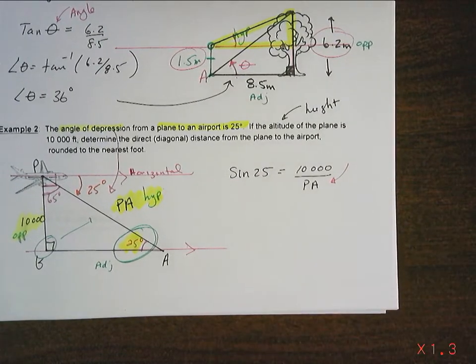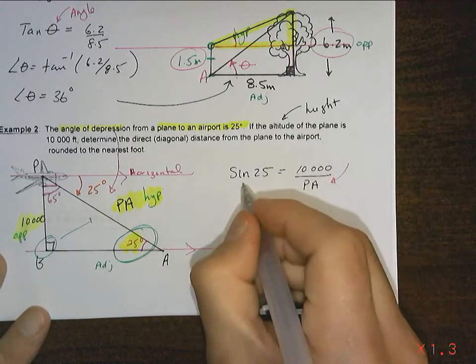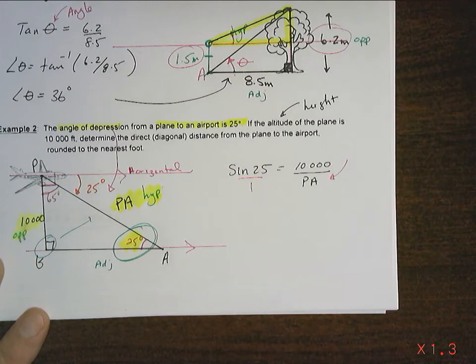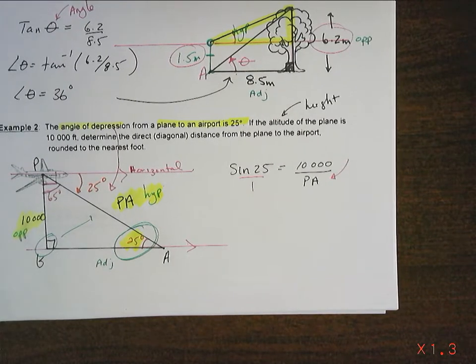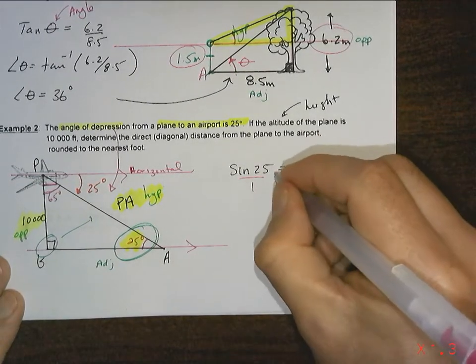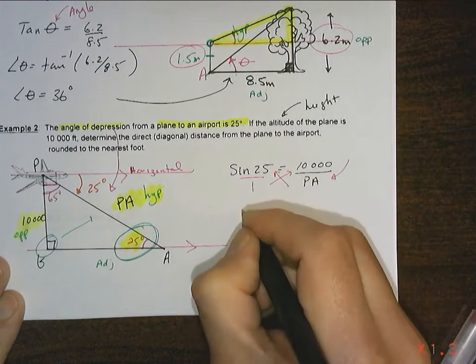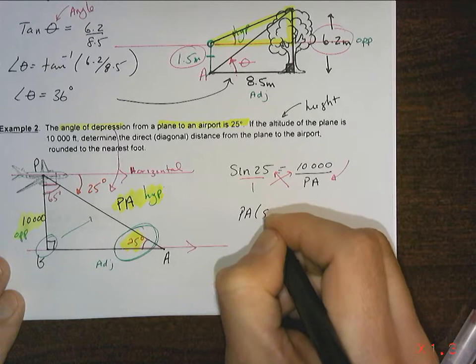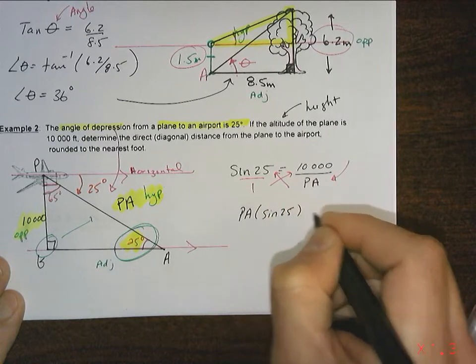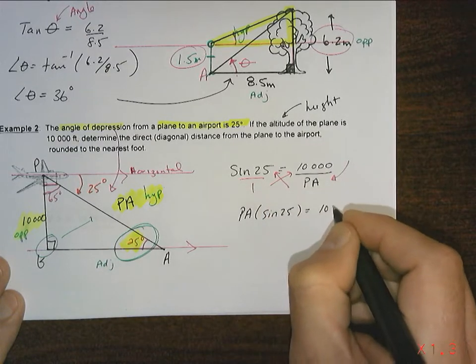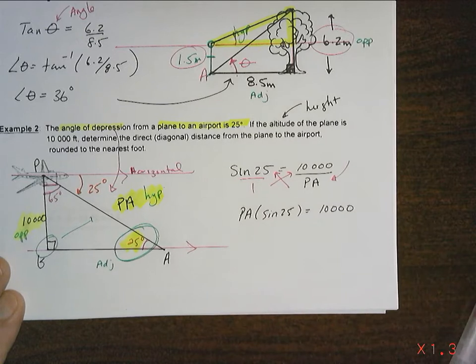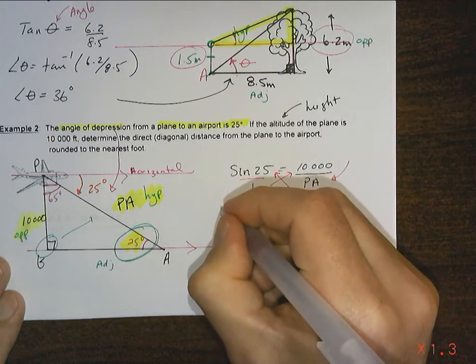So this makes this a little bit trickier. Not a lot trickier. Make a fraction equals a fraction. Always the first step. Cross multiply. PA times sine of 25 equals 1 times 10,000. Is PA isolated?